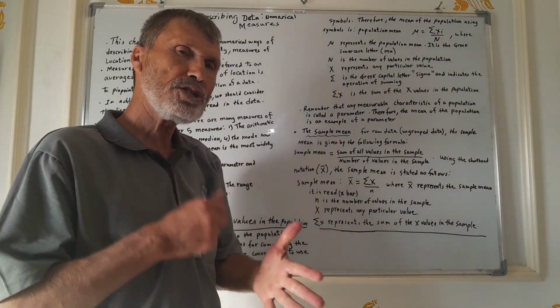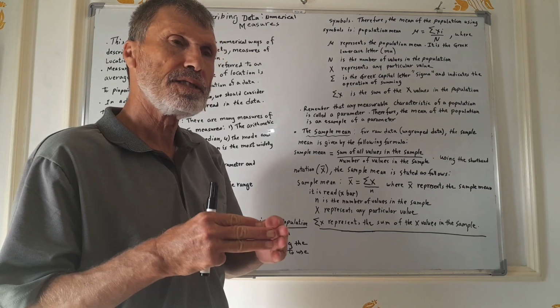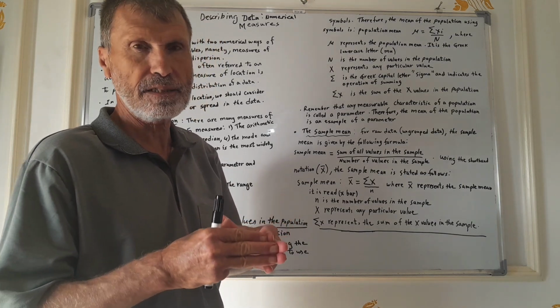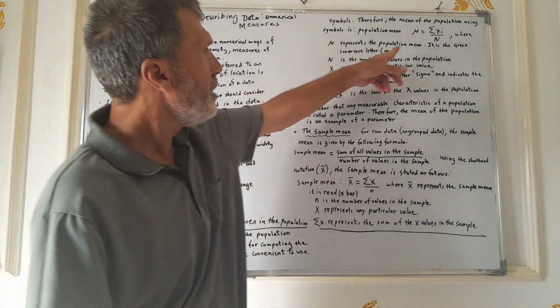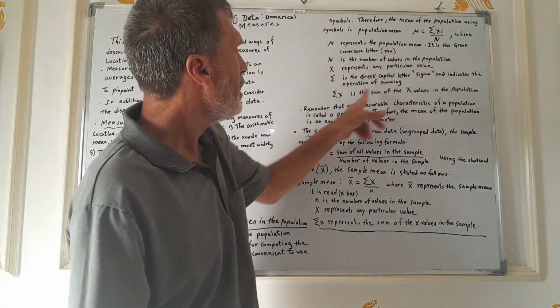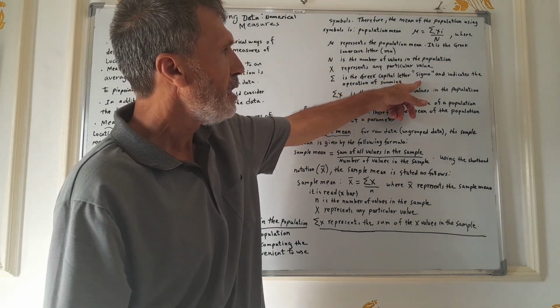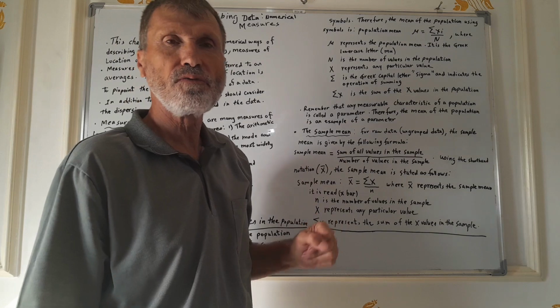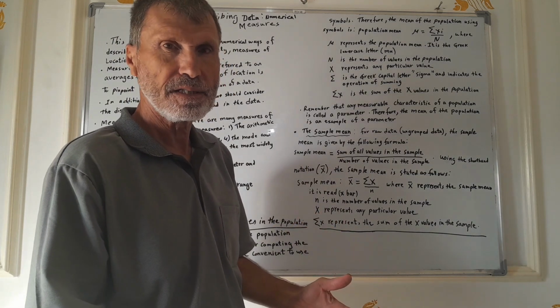It's written like this. And here, this sigma is, of course, the Greek capital letter sigma, and indicates the operation of summing, the operation of adding.